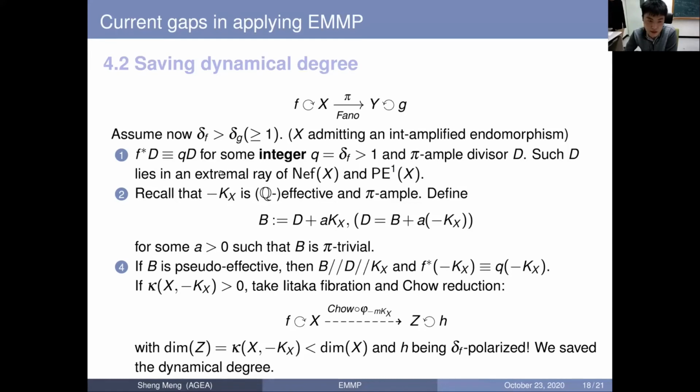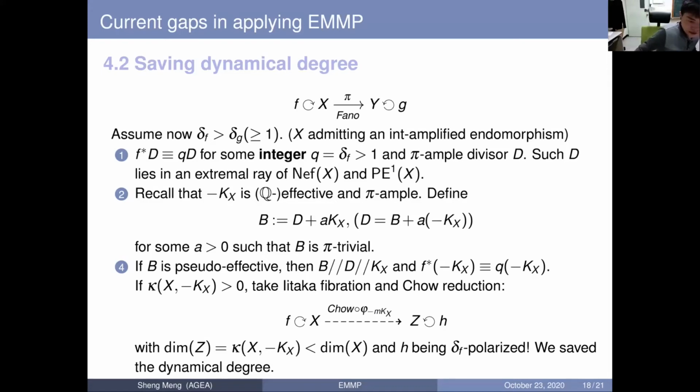And D is extremal in the pseudo-effective cone. So, extremal decomposed as two pseudo-effective divisors, meaning that B, D, and minus K_X can only be parallel to each other. So in particular, we use F pullback D equals qD. So we have F pullback of minus K equals q times minus K.